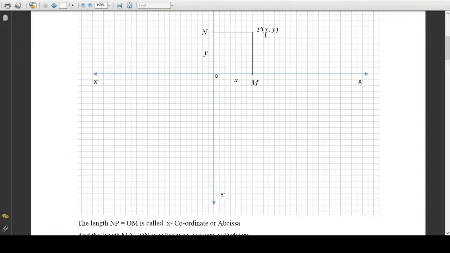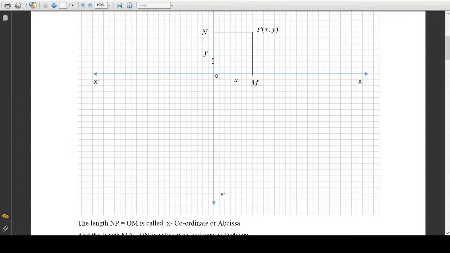In this coordinate system, if you mark any point P on the plane, and draw a line PM perpendicular to the x-axis and NP perpendicular to the y-axis, the distance from O to M is called the abscissa, and the distance from O to N is called the ordinate.